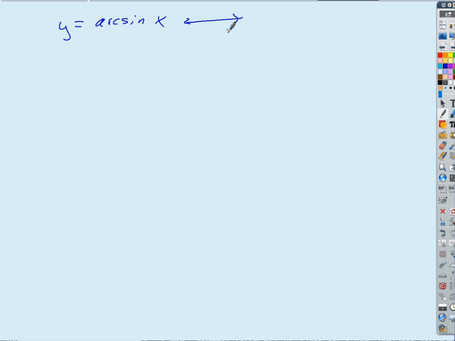So if I take the sine of both sides of this function, I'm going to end up getting sine y equals sine of inverse sine of x. Sine and inverse sine undo each other because they are by definition inverses, right? So that's just equal to x.